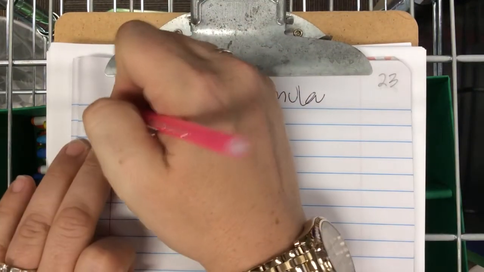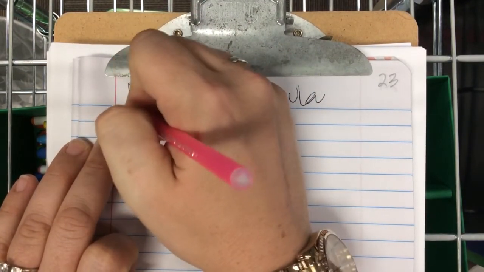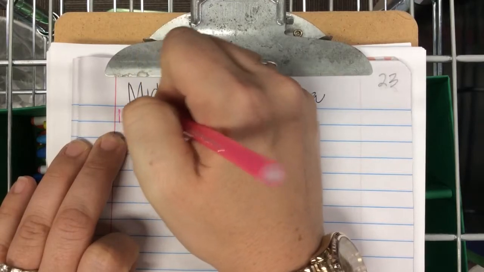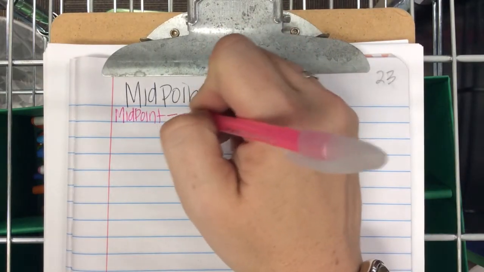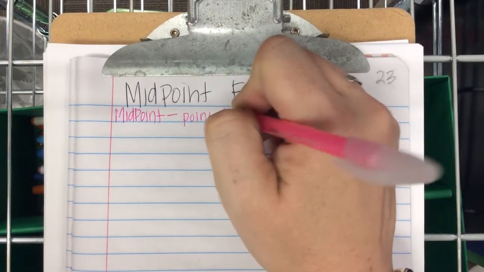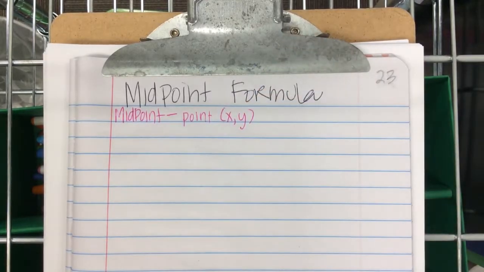So, by definition, the midpoint is a point, an x comma y. It's an ordered pair.